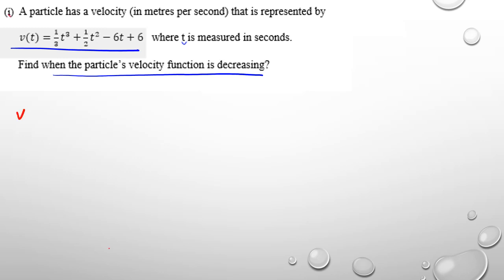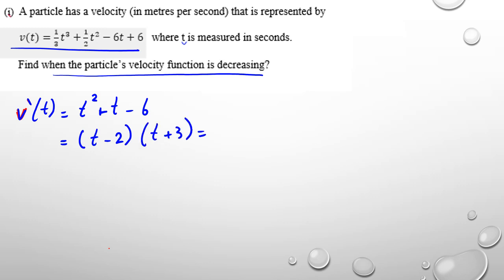So you find v dash of t. If you differentiate that, you get t squared plus t minus 6. Now factorize, because we want to solve it and find the turning points.